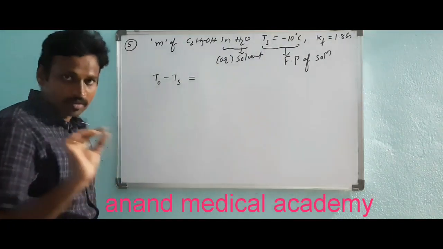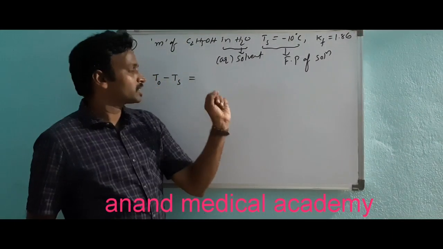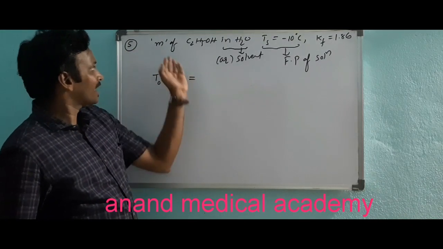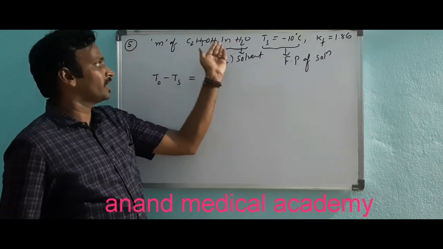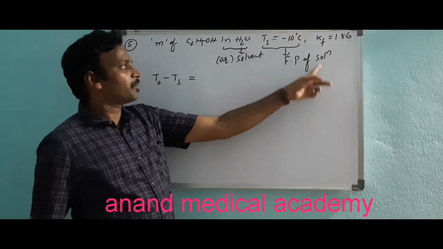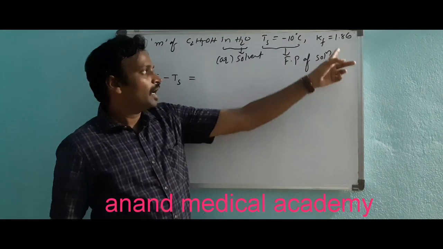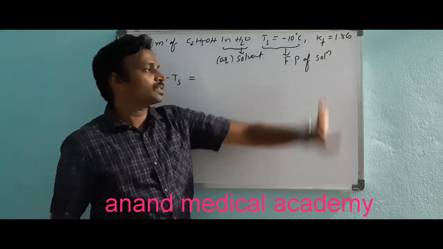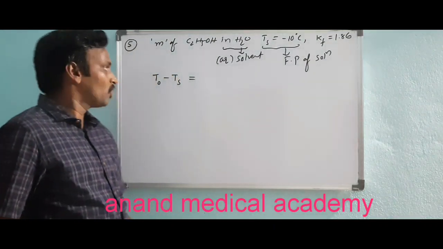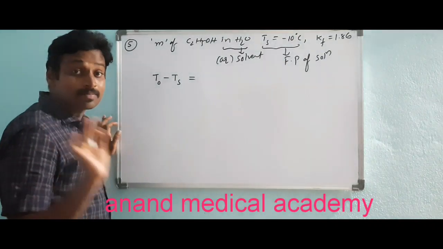You write down and construct numericals, please, everyone. So how to construct this numerical? Calculate the molality of ethanol in water, meaning in an aqueous solvent, which has a freezing point of solution minus 10 degrees Celsius and Kf value is 1.86. So what you are going to find is molality, small m.